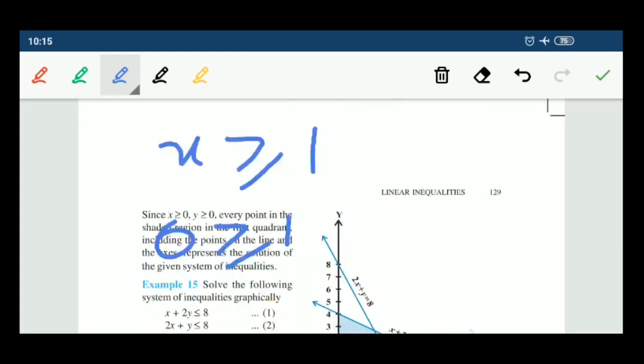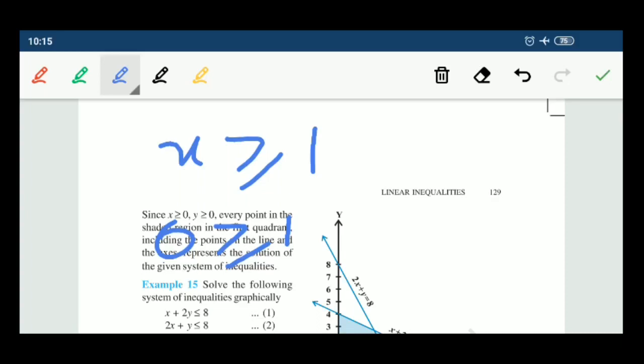Now check the solution of the inequality x is greater than or equal to 1. Again we put x equals 0, and you will see we get 0 is greater than or equal to 1, which is not possible.